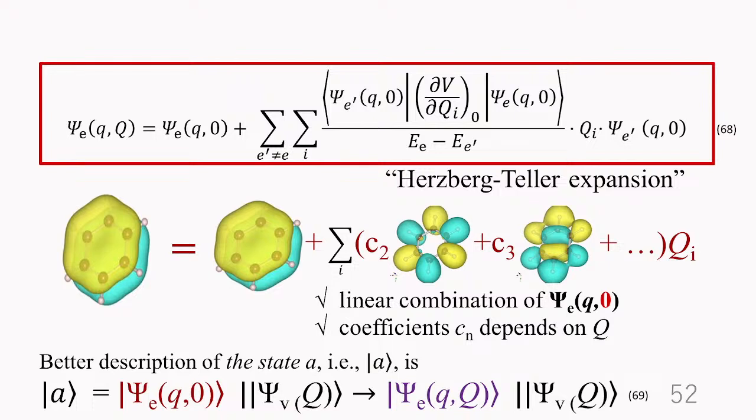The wave function of the electrons vibrating along the vibration coordinate Q is explained as a sum of the static wave function plus an additional term. The additional term consists of the coefficient, vibration coordinate, and other wave functions at a static condition.